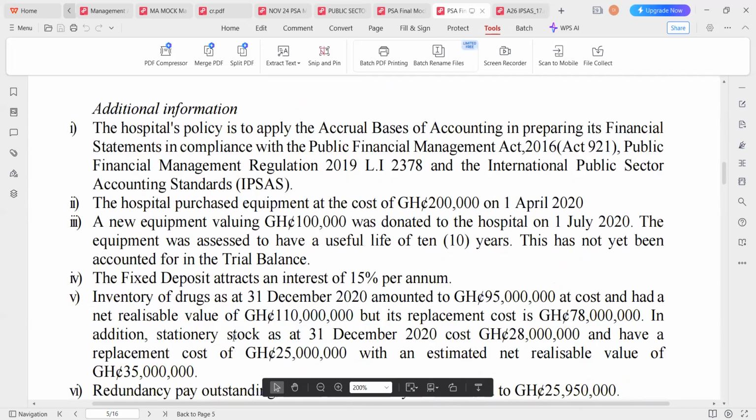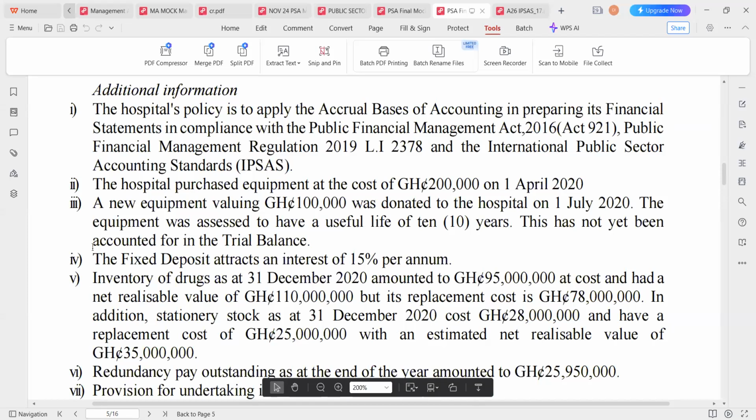Note 1 has no effect on your calculation. They're just telling you that they are using the accrual basis and their accounts are prepared based on ICAG and local legislation. So, Note 2: the hospital purchased equipment at a cost of 200 on 1st April 2020.